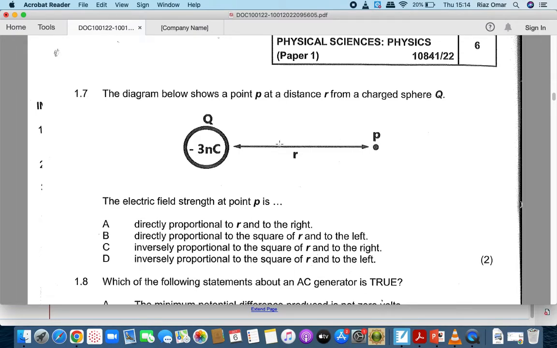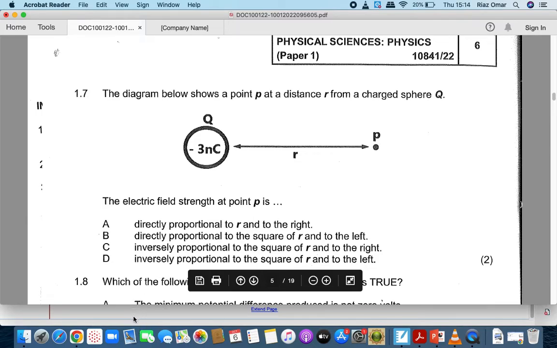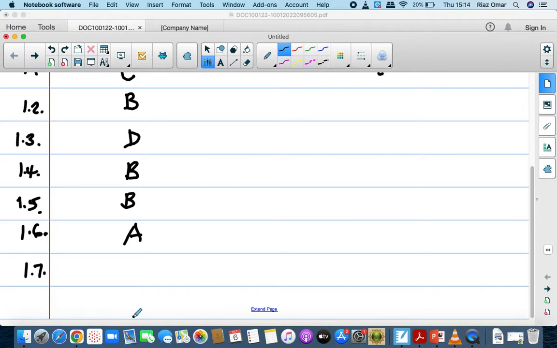So P is positive and Q is negative, so there will be an attraction. So it will be towards the left. So the best answer for 1.7 would be D, inversely proportional to the square of r to the left.